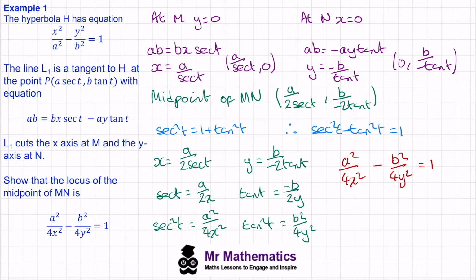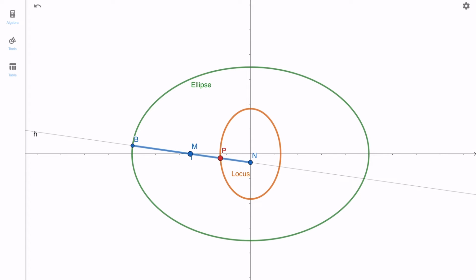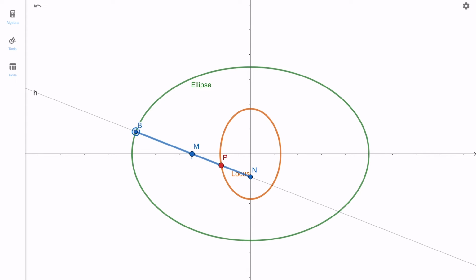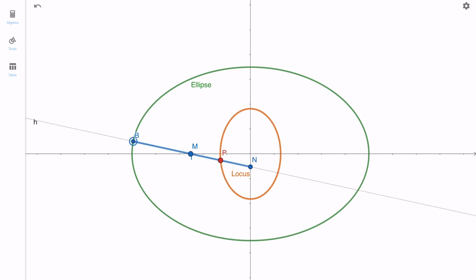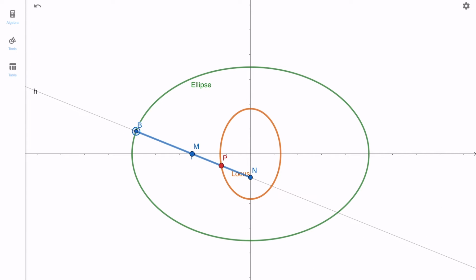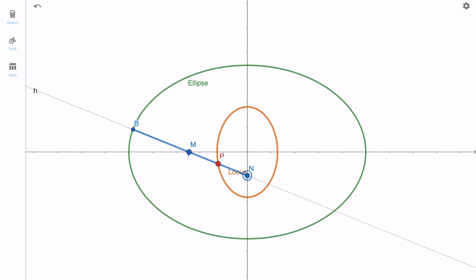Okay, let's move on to example 2, where we're going to look at a similar example, this time using an ellipse. In example 2, we have an ellipse, which is in green, and we have the locus, which is in orange. And we have a normal to the ellipse, which is this line moving here. You can see that on the normal, we have points M and N, which lie along the x-axis and the y-axis.